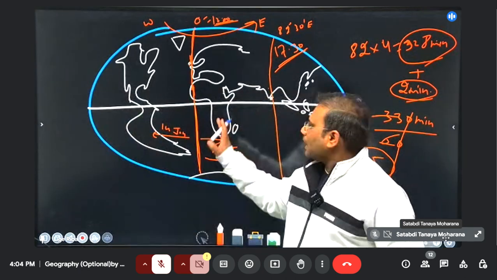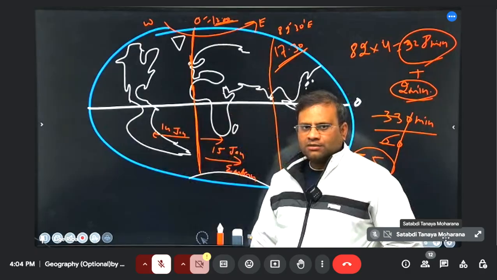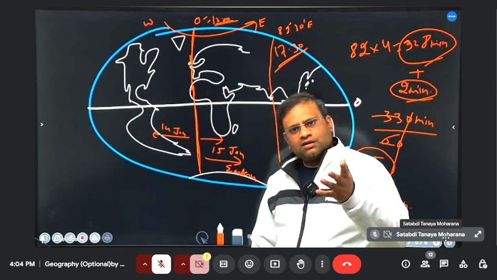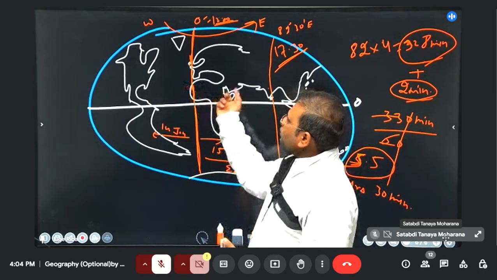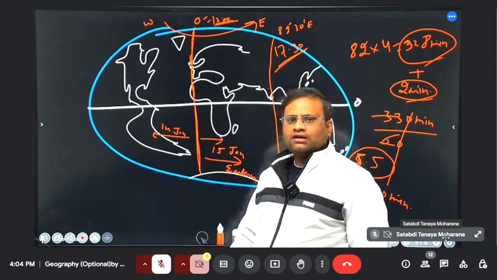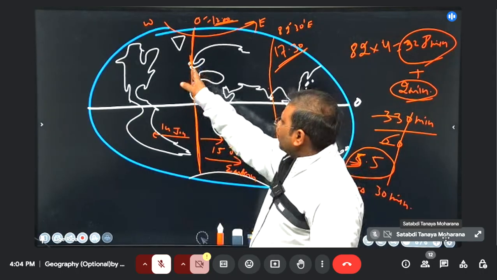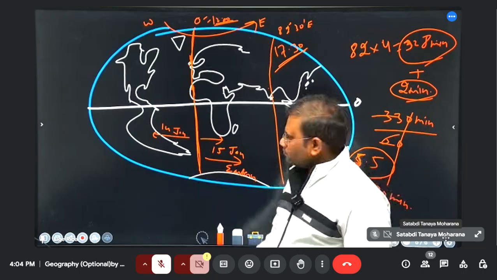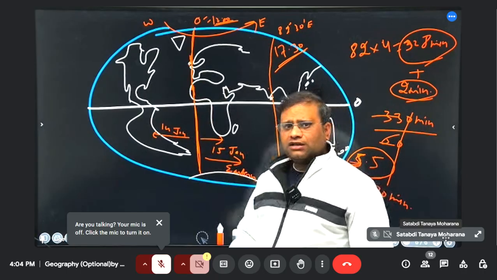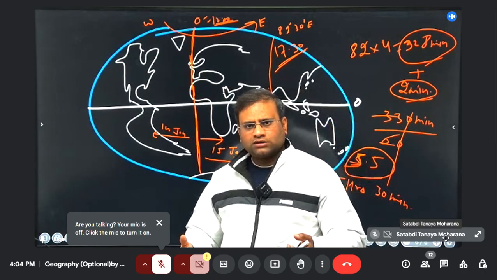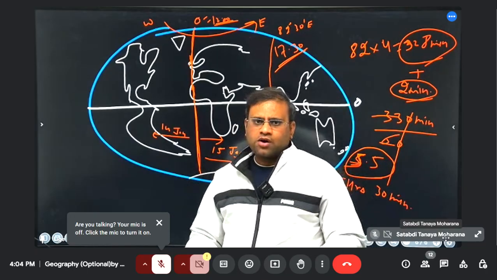Same line for time, same line for date, but it creates a problem in these countries which are situated eastward, like Spain, Portugal, Netherlands, Belgium, African countries, even London and England also.